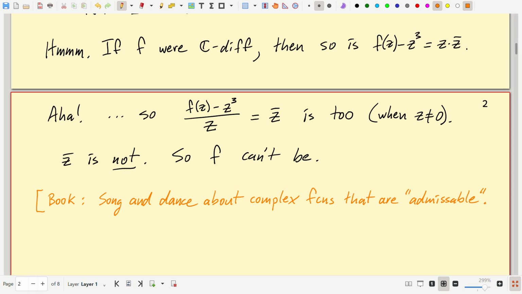And I guess being admissible means that it's a function of z and no z bars, giving the feeling of a function of z, but not z bar, with no z bars.